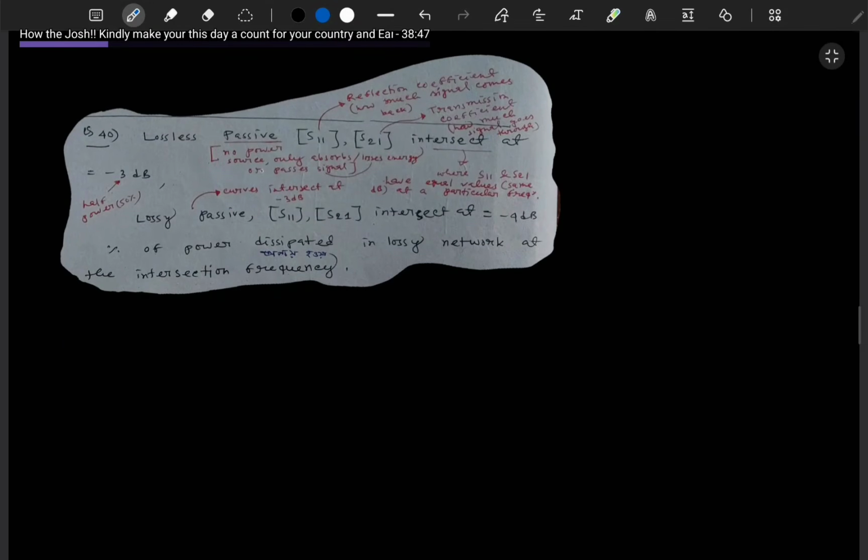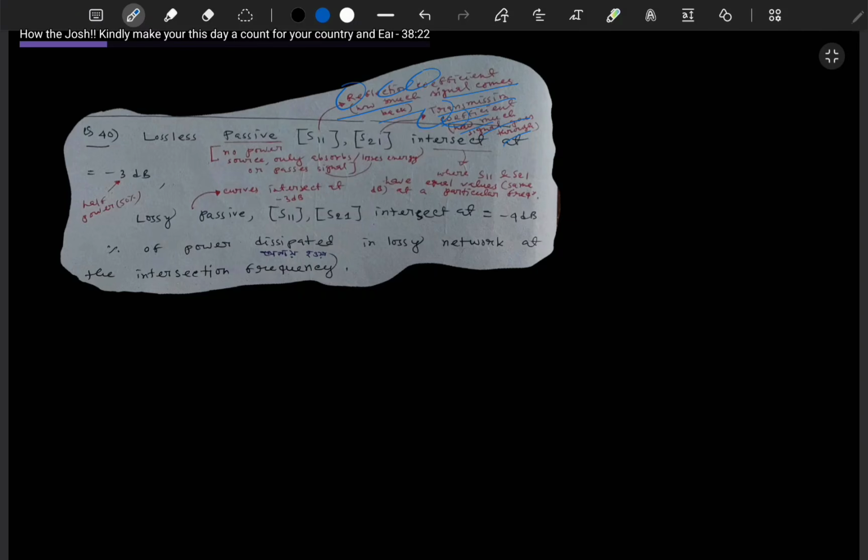Now, lossless passive network: signal reflection coefficient. This is the transmission coefficient, how much signal goes through. First one is reflection, then transmission coefficient.